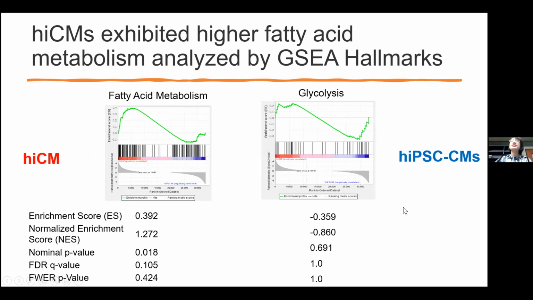And then the GSEA analysis on hallmarks brought out two gene sets related to metabolism. One is fatty acid metabolism, which is significantly higher in HICMs. However, the other, glycolysis, shows not much difference between HICMs and iPSCMs.